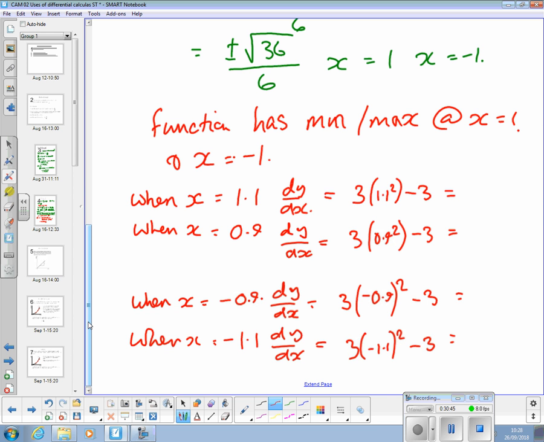What do we get? This one? 0.63 and the 0.9 squared one? Negative. From a negative slope before to a positive slope after. Minimum or maximum?